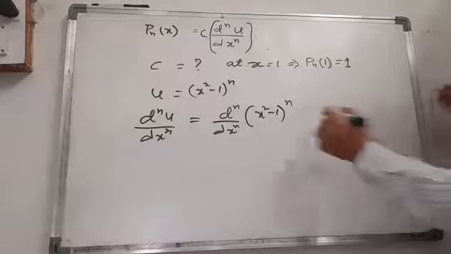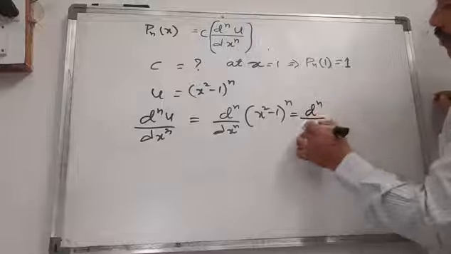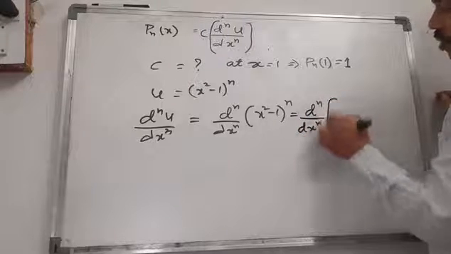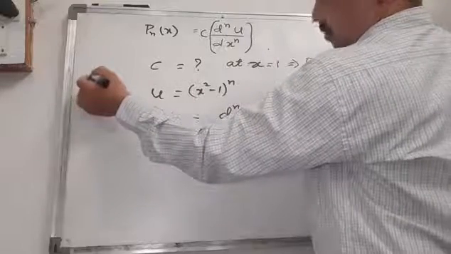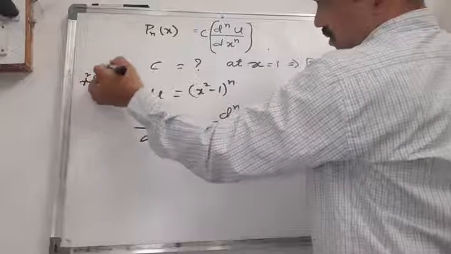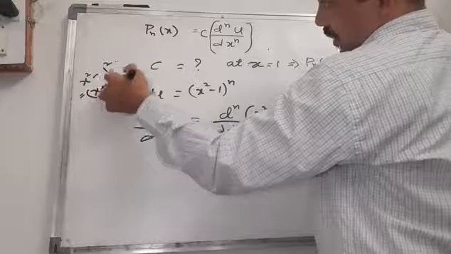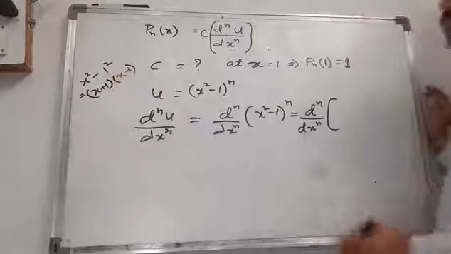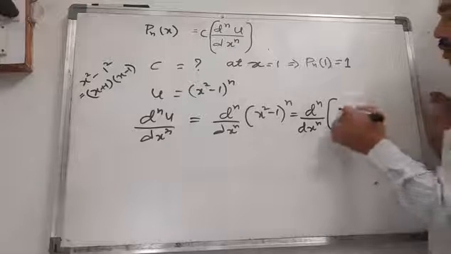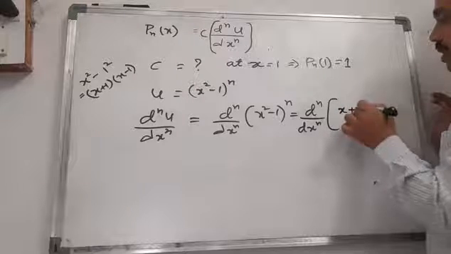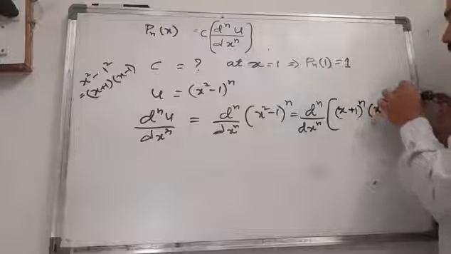So how can we do this? This is in the form of x square minus 1, which is equal to (x plus 1) into (x minus 1), a square minus b square. So we can substitute here. What will we get? (x plus 1) whole power n into (x minus 1) whole power n.